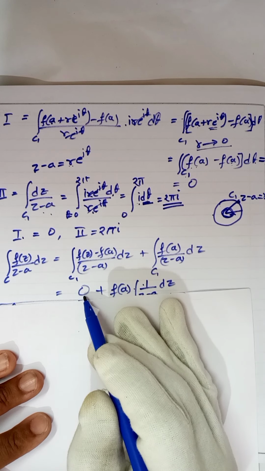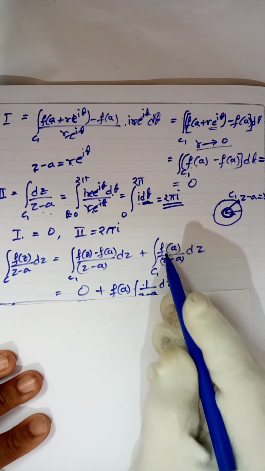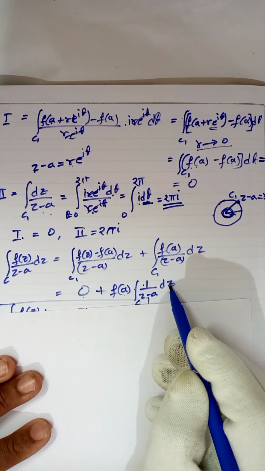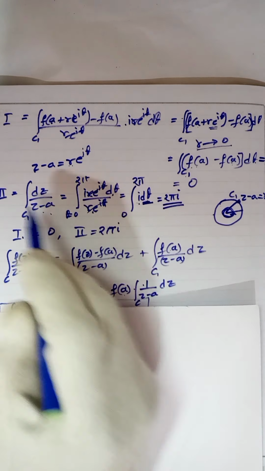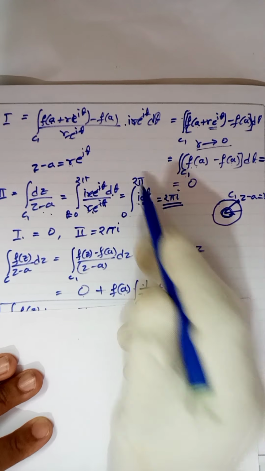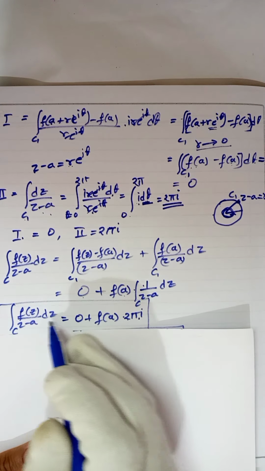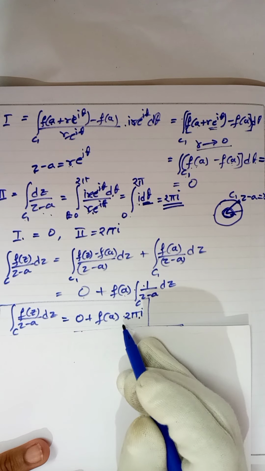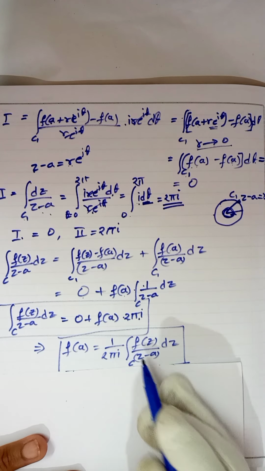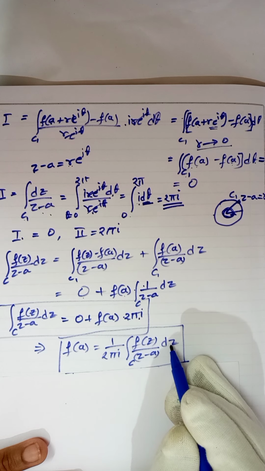The value of the first integral is 0. The value of the second integral: f(a) is a constant, take it outside, 1 upon z minus a dz, and already we had found out 1 upon z minus a dz over the limit 0 to 2 pi is equal to 2 pi i. So the integral of f(z) upon z minus a dz is equal to 0 plus f(a) 2 pi i. This gives us f(a) is equal to 1 upon 2 pi i times the integral of f(z) upon z minus a dz.